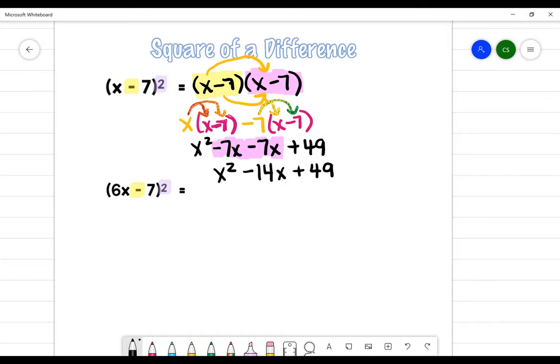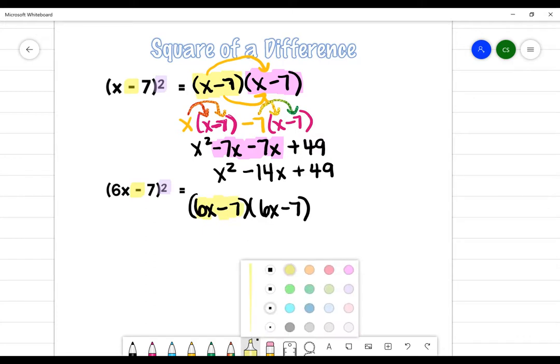All right, 6x minus 7 squared. Remember, the square tells me how many times I'm actually multiplying that binomial. So 6x minus 7 times 6x minus 7. Like I said, good old repetition. Multiplying each term in the first binomial to each term in the second binomial.